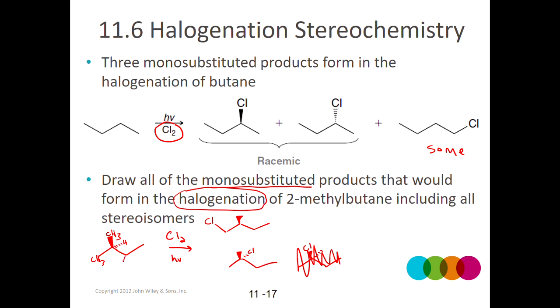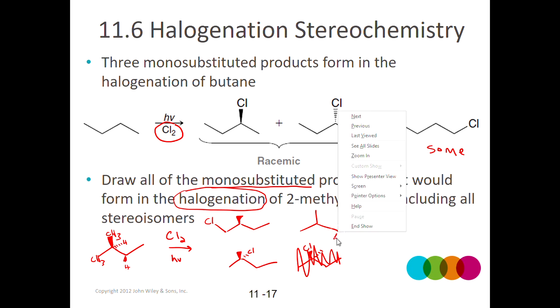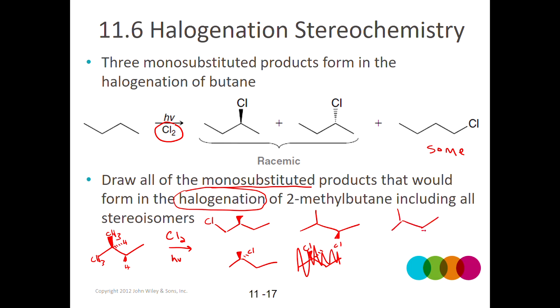This hydrogen could also be abstracted, and so I get a different regiochemical outcome there. Now that actually does create a chiral center. So if the chlorine replaces the hydrogen that had the solid wedge, or if it replaces the hydrogen that had the dash wedge, now this is a chiral center.